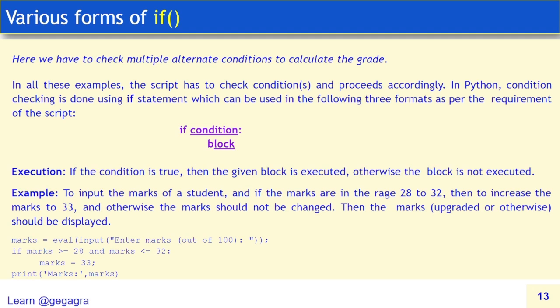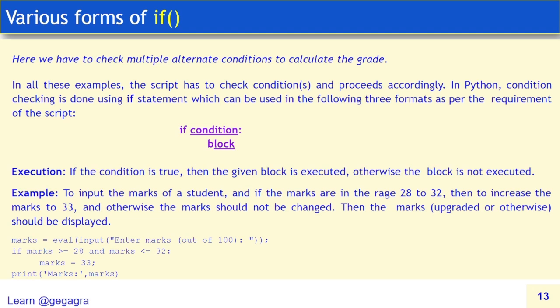First you write if, then you frame the condition, and if the condition you framed is true, then the block following the condition is executed. If the condition is true, the given block is executed, otherwise the block is not executed.